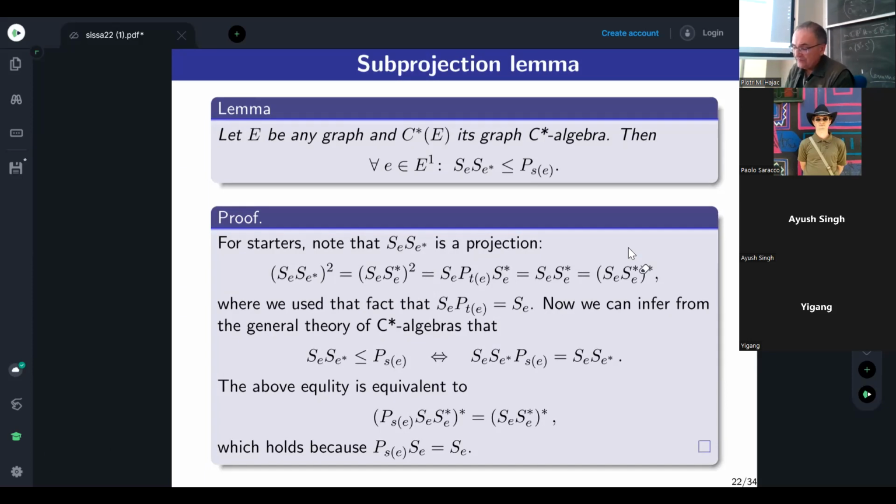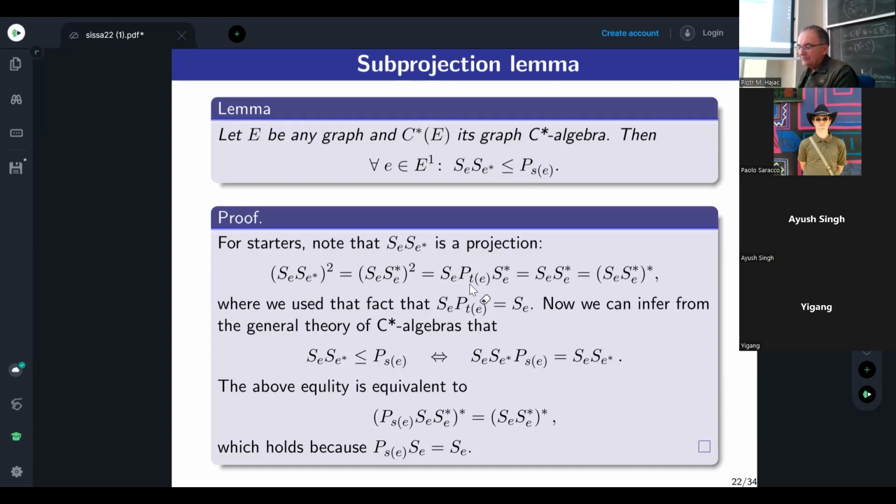So for starters, observe that S_e S_e^* is indeed a projection. Well, so (S_e S_e^*) squared. First you observe that by the definition of the star structure, (S_e S_e^*)^* is S_e S_e^*. Then you square it. So you write S_e S_e^* S_e S_e^*, but S_e^* S_e is equal to the end projection P_{t(e)}.